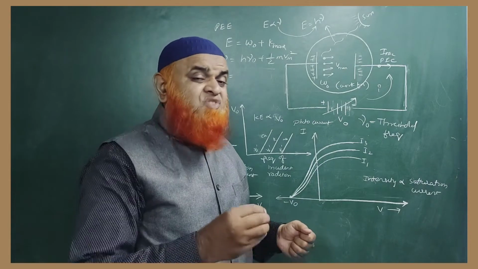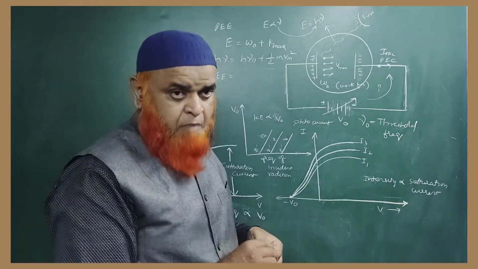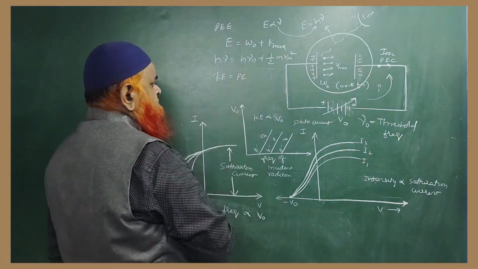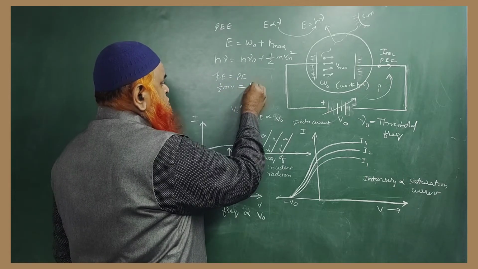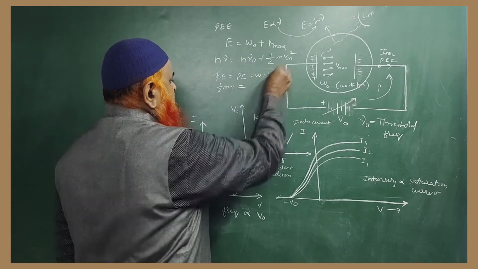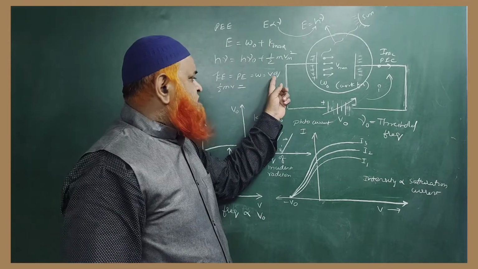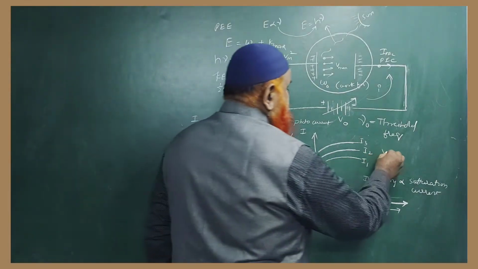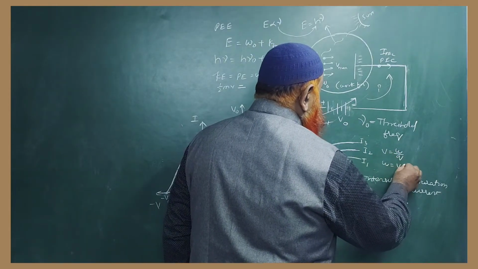You all know that energy can neither be created nor destroyed, but it can be changed from one form to another. So kinetic energy is converted into potential energy. That means half mv square is changed into potential energy, that is nothing but work done. And you know work done is a product of V into Q. Electric potential is nothing but work done on unit charge, so work done is potential into charge.